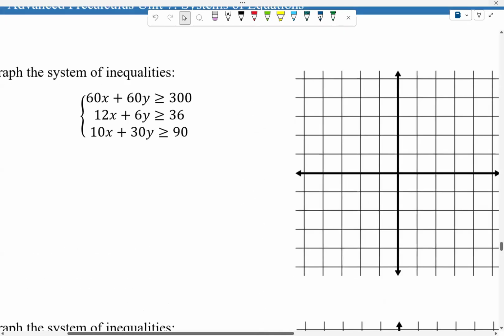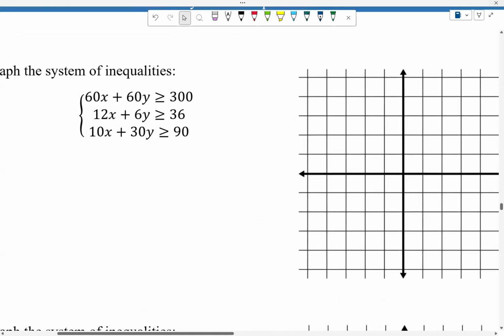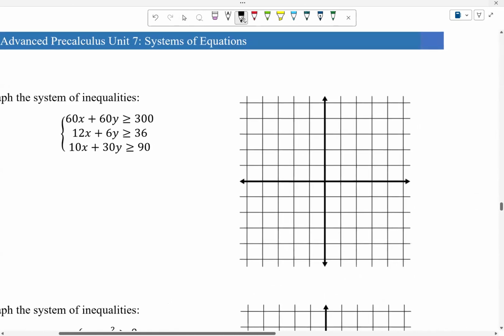Okay, so the first one. X-intercept 5. 1, 2, 3, 4, 5. Okay, y-intercept. Did you divide everything by 60? Just simplify it? You can, or you don't have to. I think it's simple enough to do it as it is. Looking at the second one, the x-intercept is 3.